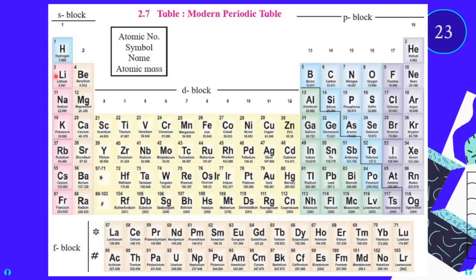So what we are going to have a look at is the elements in a particular period and their electronic configuration. So we'll have a look at second period: lithium, beryllium, boron, carbon, nitrogen, oxygen, fluorine, and neon.